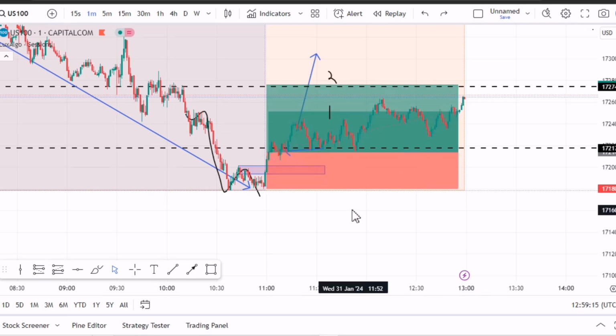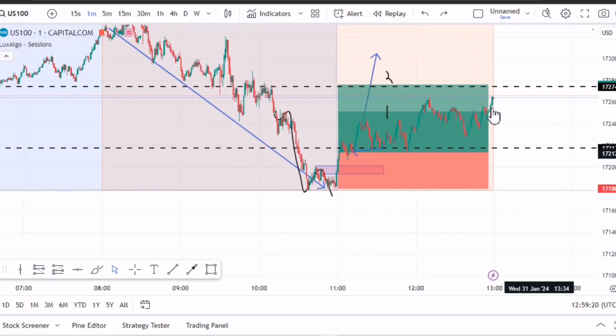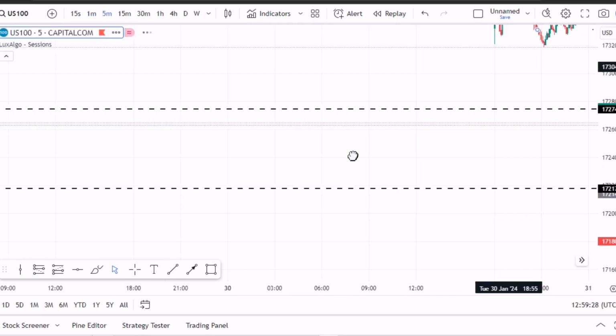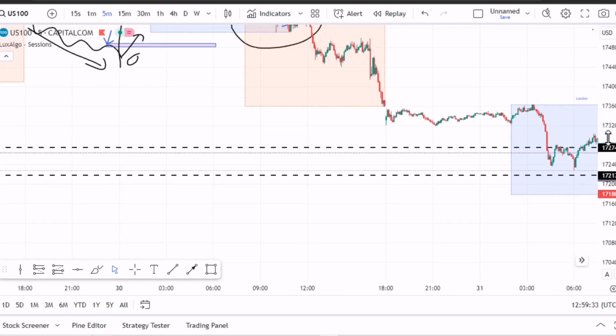So that's how I was able to confirm this trade, and it's a very good trade. As you can see that it's moving in my direction. If you do that, you will never go wrong. In fact, you can even have 100% accuracy on US100.